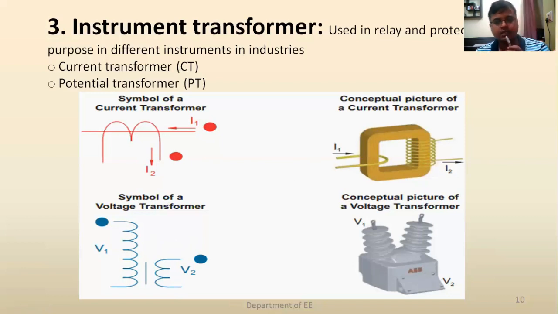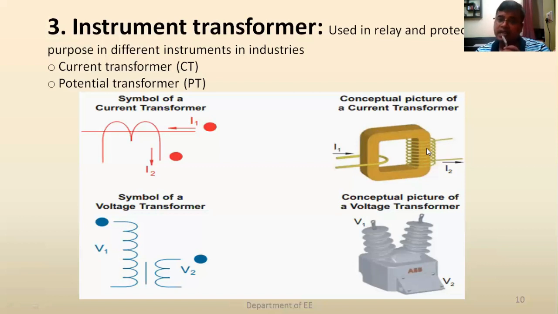Okay, fine. One more important thing is that the power capacity of these transformers, CT and PT, is very less, right? Why? Because either voltage or current, any one of these parameters is very low. Okay, in this case, primary side, you see the voltage level is very low.